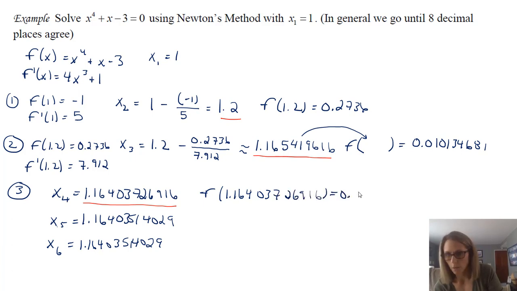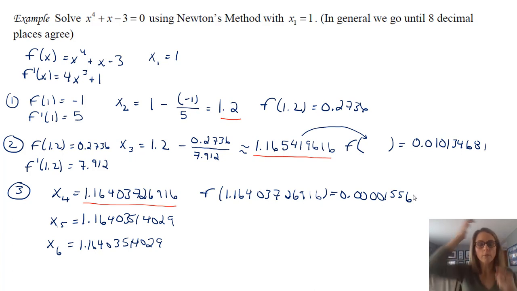This is 4 zeros, then 1, 5, 5, 6 when you put that back into the original. So we're getting very, very close to the actual root, and that's what Newton's method does, and that's what it helps us with. It's a way for us to find all those roots of a function that may not be rational, basically.